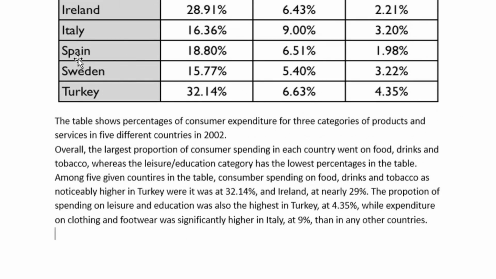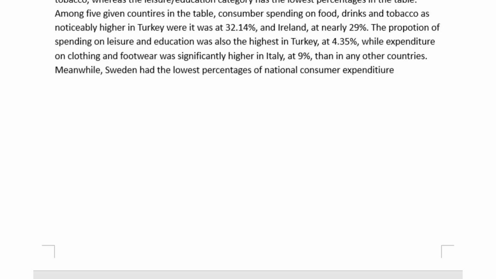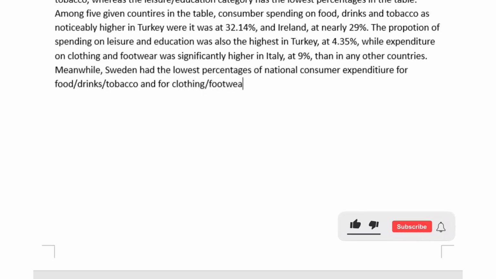Now I'll start giving details for the countries that we totally missed, Spain and Sweden. So meanwhile, Sweden had the lowest percentage of national consumer expenditure for food, drinks, tobacco, and for clothing, footwear at nearly, what percent?